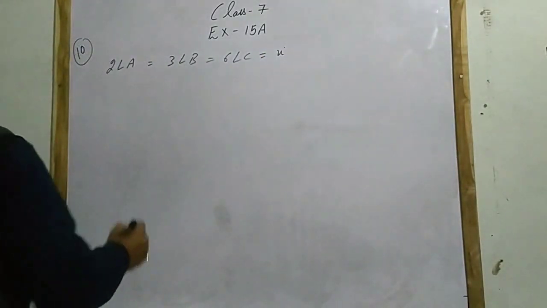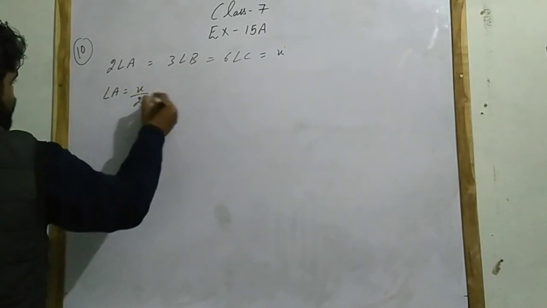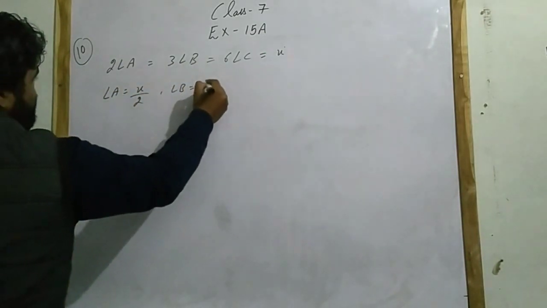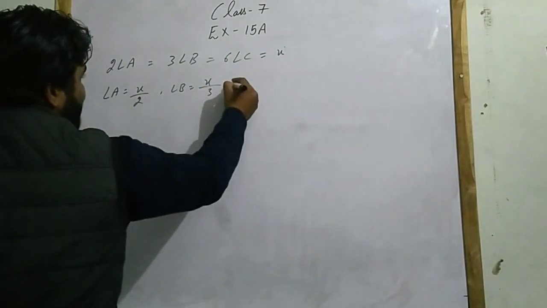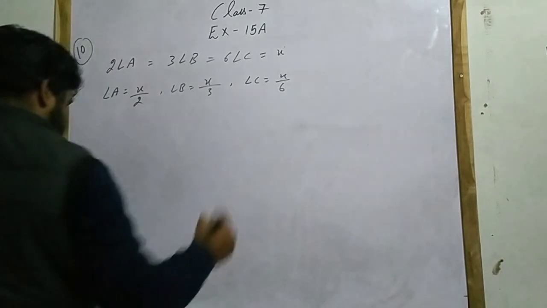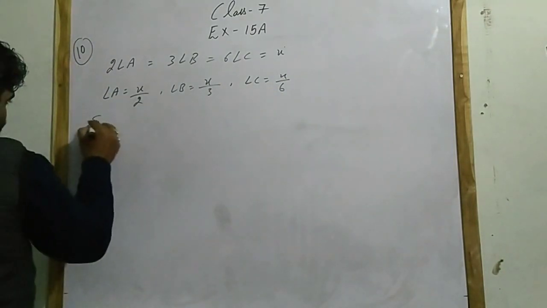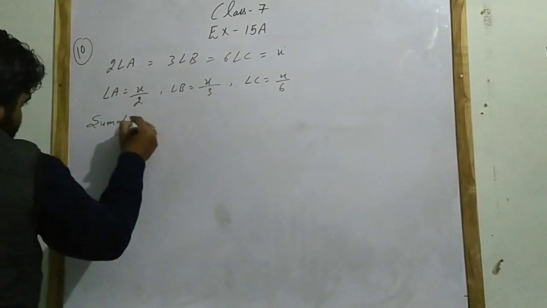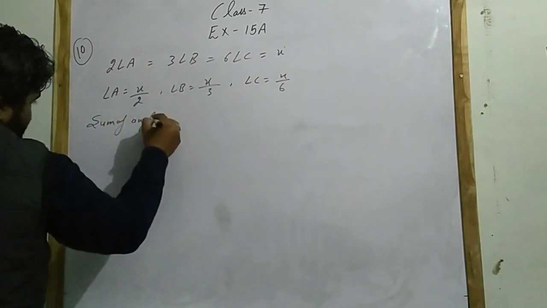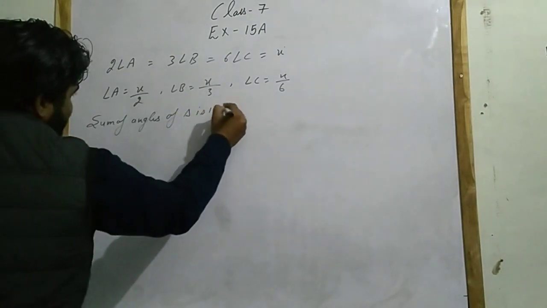So angle A equals to x upon 2, angle B equals to x upon 3 and angle C equals to x upon 6. After that, sum of angles of triangle is 180 degree.